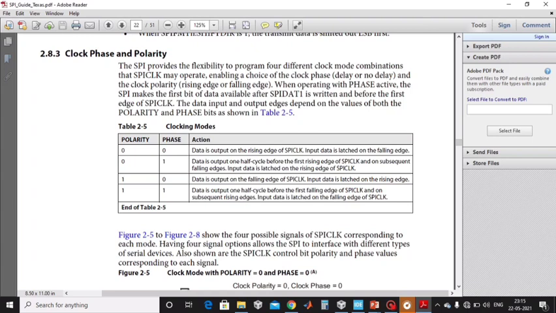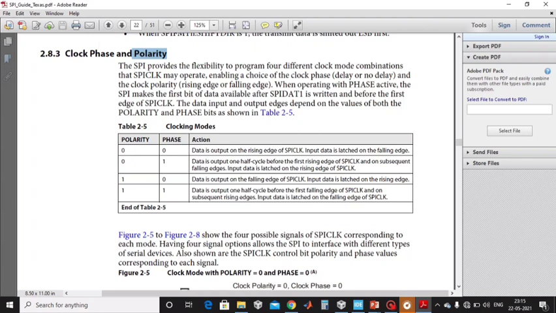So there are two properties of the clock. Number one is clock phase and second one is clock polarity. First we will talk about the clock polarity. So clock polarity may be high or it may be low. Similarly, clock phase, it may be high or it may be low.